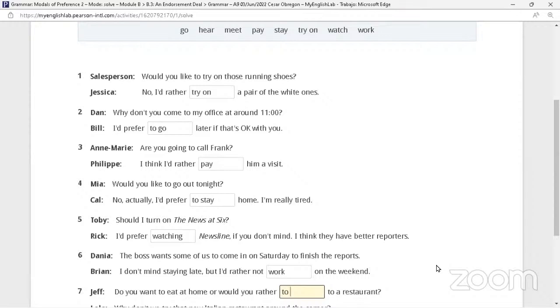To go to a restaurant. Only go. I would rather go to a restaurant, but I have to change sentence number 2. Wait, don't come. Meet. I prefer to meet. Or meeting, I don't know.